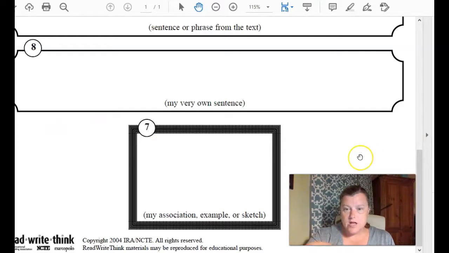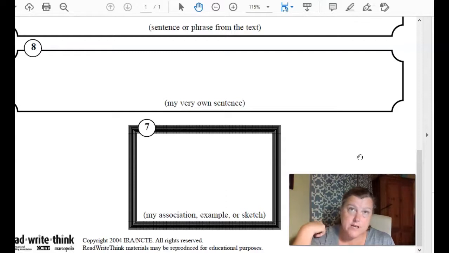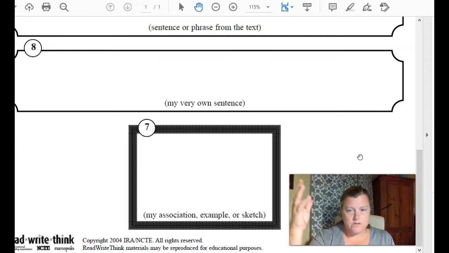So if it is bucolic, you might put a sentence such as, I enjoy a Sunday drive through a bucolic countryside because it relaxes me, and I love seeing the cows and the horses or whatever. And then your sketch would be a hill with horse and cows on it, whatever floats your boat.